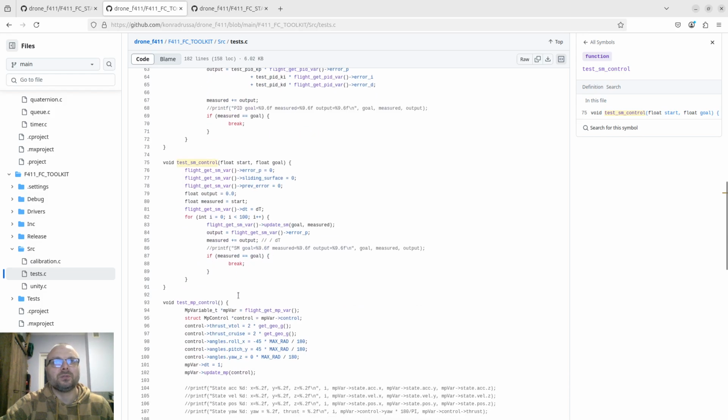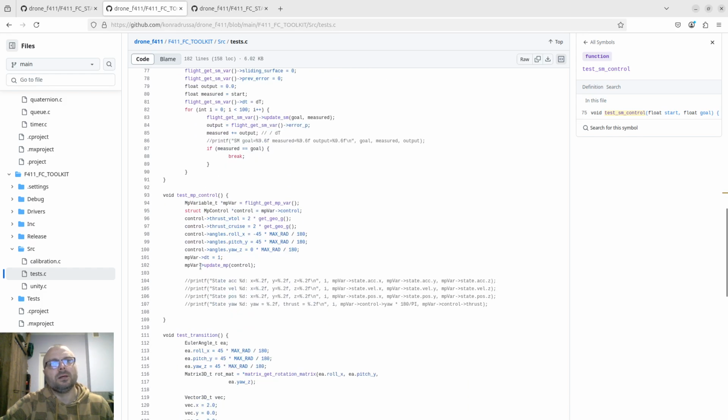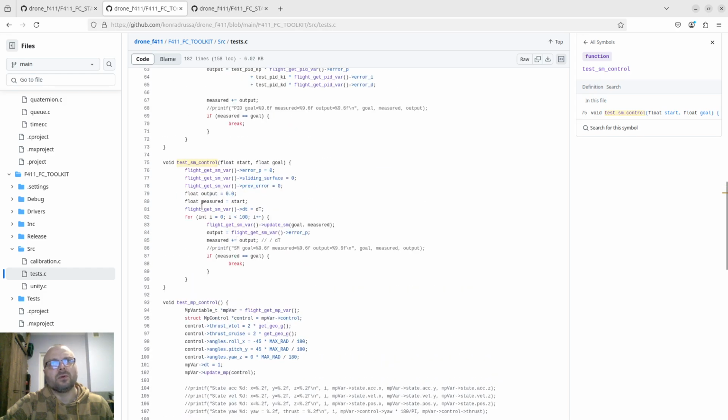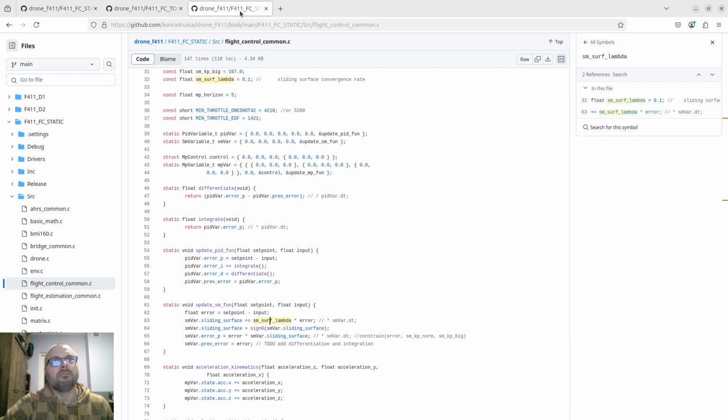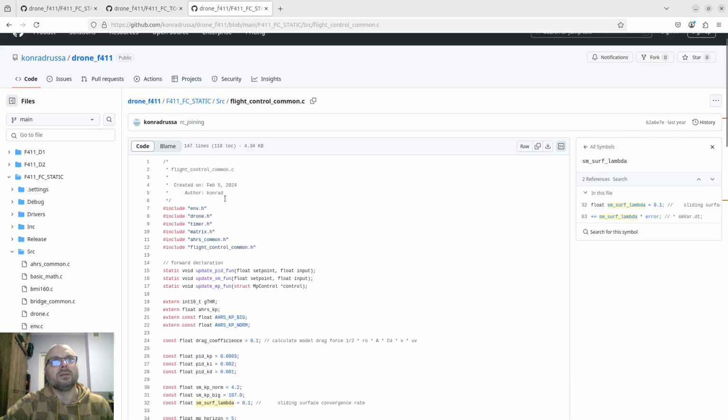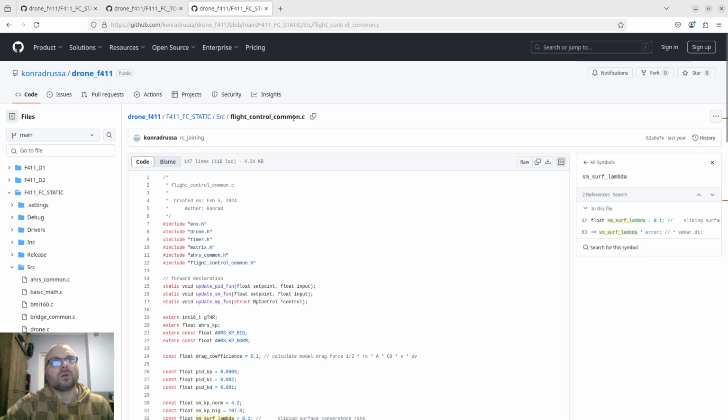It is interesting that there is also model predictive control, but that's not for now. I think PID control is the main part, and sliding mode can be checked as well. And everything is in flight control common in the static. Okay, cheers.